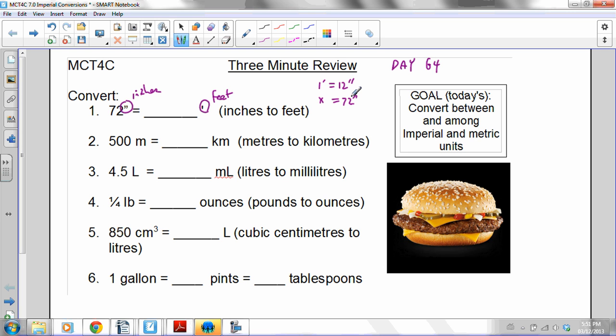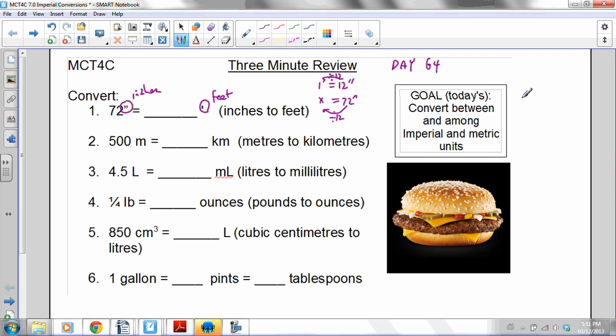There's a couple ways we can do that. We could just figure out, well, what did I do to get from 12 to 1? Well, I got to do that to 72. I just go 72 divided by 12, right? That's what I did here. I divided by 12.